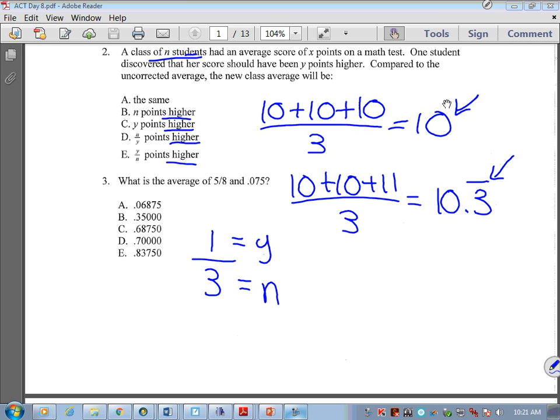I've tried this with different numbers of students and different scores, and it still comes out this way, which means so long as I understand the test that I'm working with, I should still get the right answer. And we'll notice that n over y is in there. Well, that would mean it's going to be 3 points higher, and we can see that that isn't true. Does that help us understand that question a little bit easier? Okay, a little bit more complete.